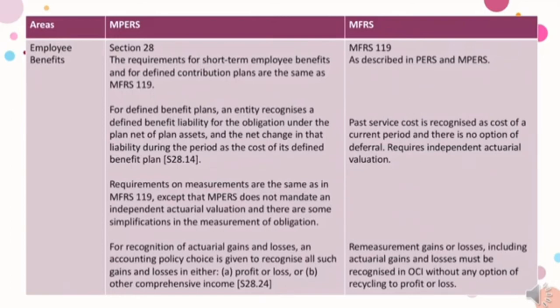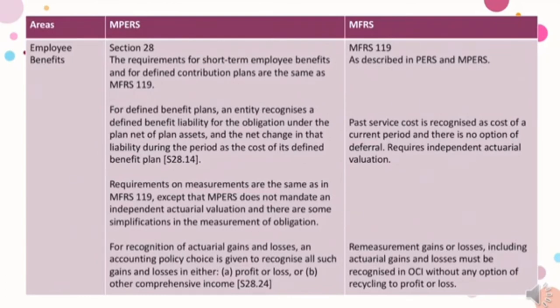Next is the requirement on measurement. Under MPERS and MFRS 119, for requirement on measurement, both are the same, except that MPERS does not mandate an independent actuarial valuation, and there are some simplifications in the measurement of obligation. And lastly, for recognition of actuarial gains and loss, for MPERS, an accounting policy choice is given to recognize all such gains and loss in either profit or loss or other comprehensive income.